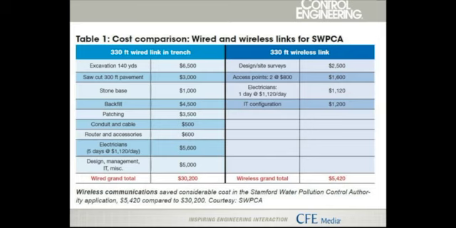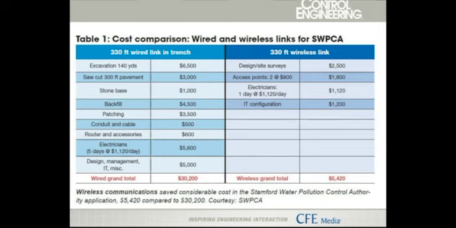So now let's get down to what was one of the primary drivers. We wanted to come up with a long-term, low-cost solution, and that brought into play a lot of different factors, not the least of which was the installation cost. And as you can see, there's quite a difference.